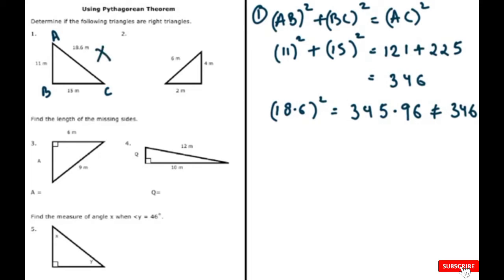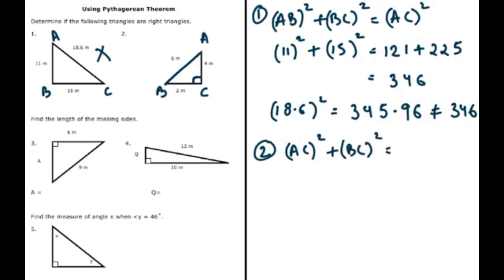Okay, let us look at the second part. In the second part, as you can see, as I have marked, what is going to be the hypotenuse? Here AB is the hypotenuse, since C is the right angle and the side opposite to angle C is AB. So here AB is the hypotenuse. So what is going to be the statement of Pythagoras theorem? AC square plus BC square should be equal to AB square.